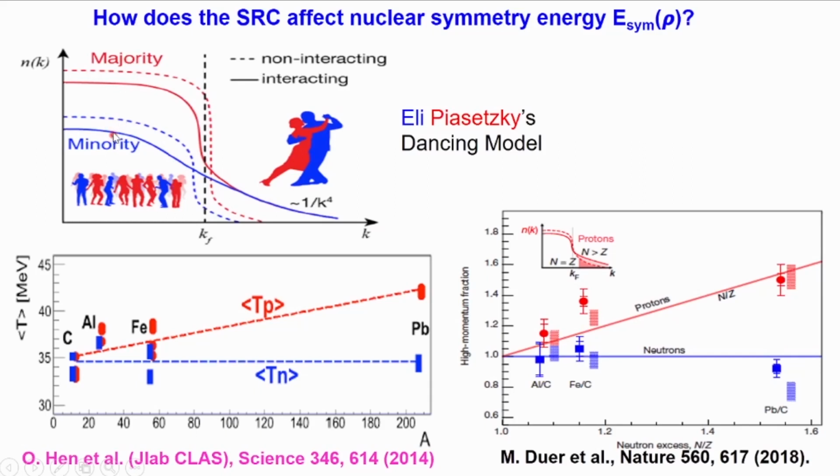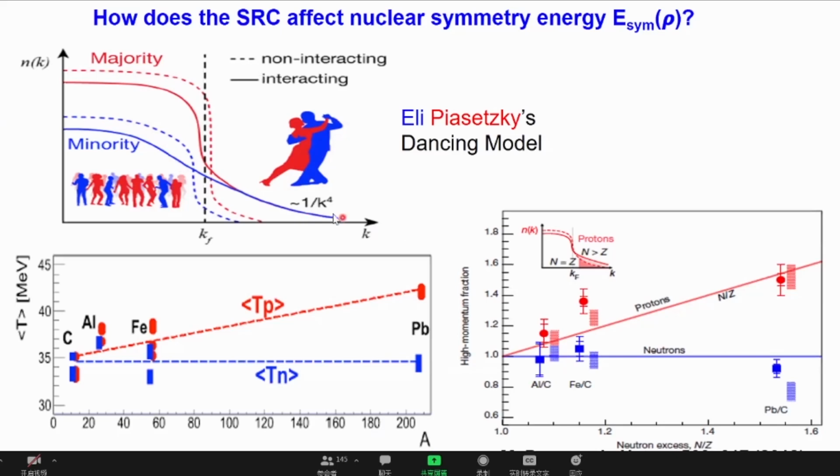But this short-range correlation is caused by neutron-proton pairs. You have to pick one neutron and one proton to make a pair. After they interact, they move together to the high momentum tail and form this high momentum tail with a shape like 1 over k to the 4th power.